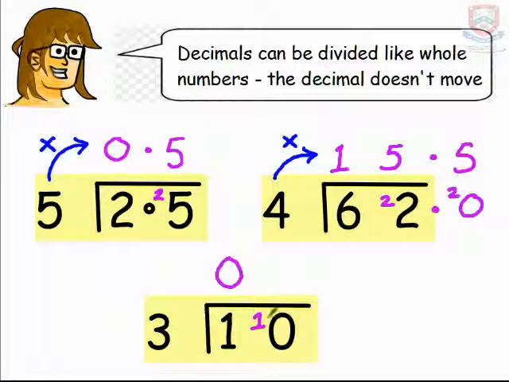How many 3s fit into 10? Well, we've just mentioned that that would be 3, with 1 remainder. So what happens when we reach the end of our whole number? We still need to put point 0. Decimal point stays in the same place in our answer.